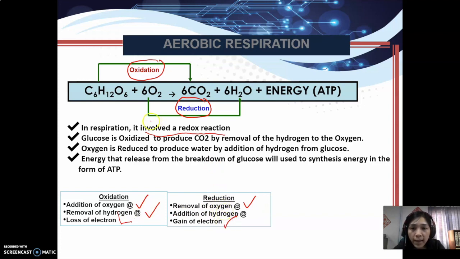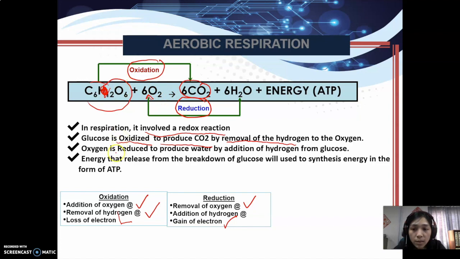Now in aerobic respiration, glucose is oxidized to produce CO2 by removal of hydrogen. So C6H12O6 loses hydrogen and is oxidized to become CO2. The hydrogen will be donated to O2.